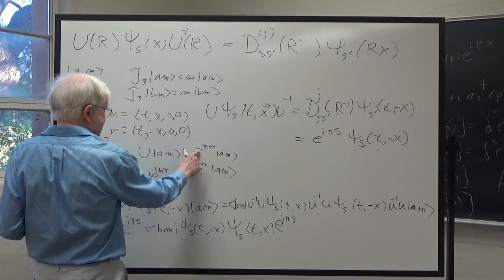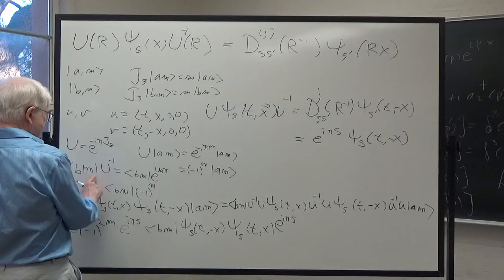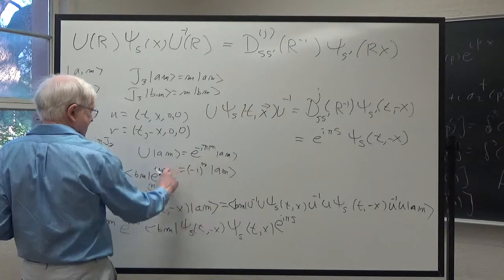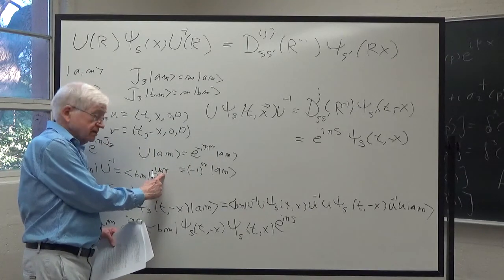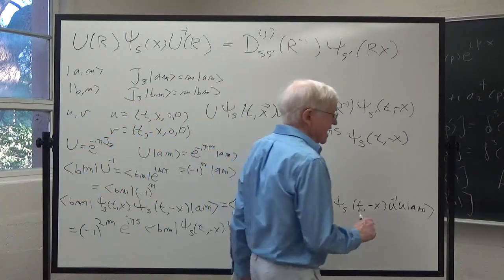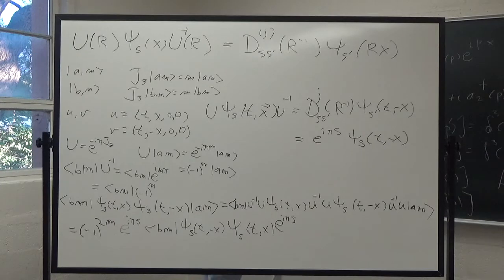U on that is e to the minus I pi m. Bm U inverse is e to the im pi. So these actually cancel. You can also see it that you have negative 1 to the 2n. Let me change this.